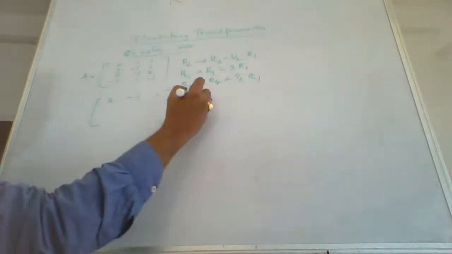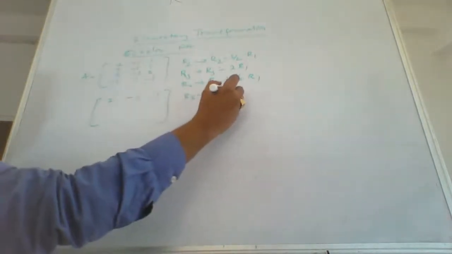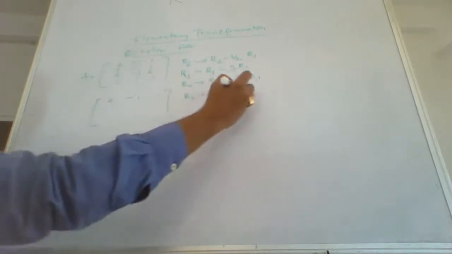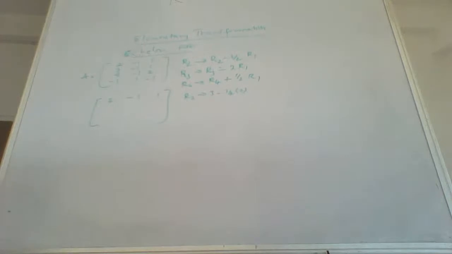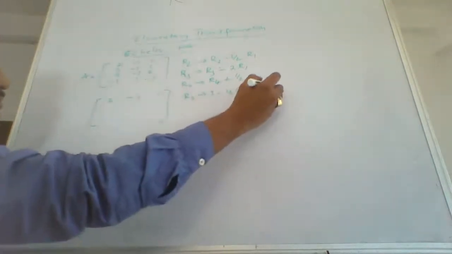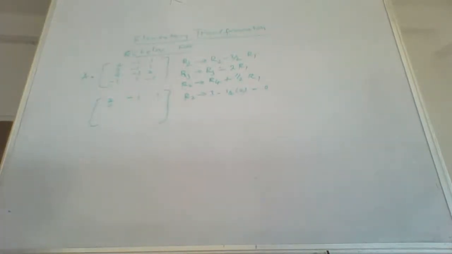Let us do the row, which is 3 minus 3 by 2 R1, which is 2. If I simplify that, what do I get? I get 0. So that would be 0 here. Right?